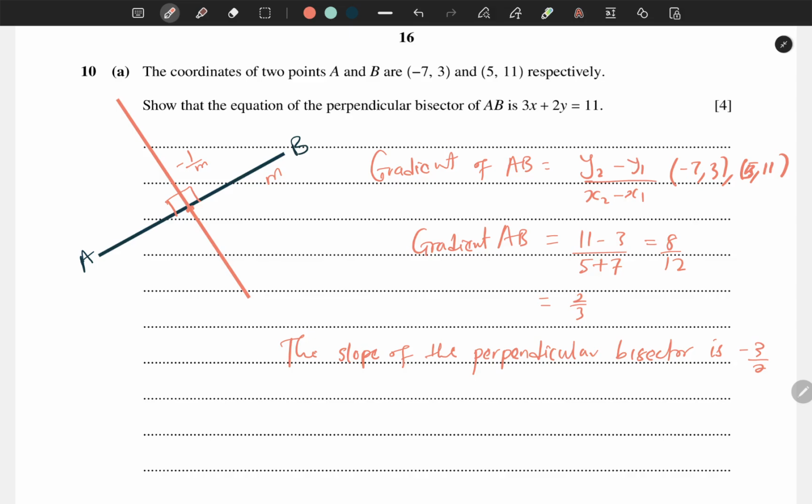Exactly. Now, what else do we need? We need a point on the perpendicular bisector line. The only point you can easily obtain here is this point, which happens to be the midpoint of AB. So the midpoint of AB is the average of the x values and the average of the y values.